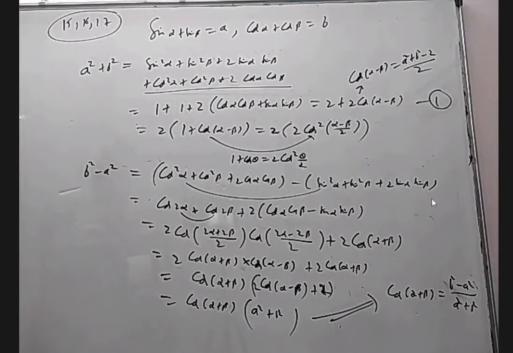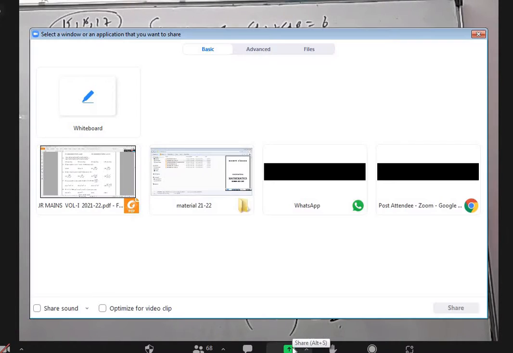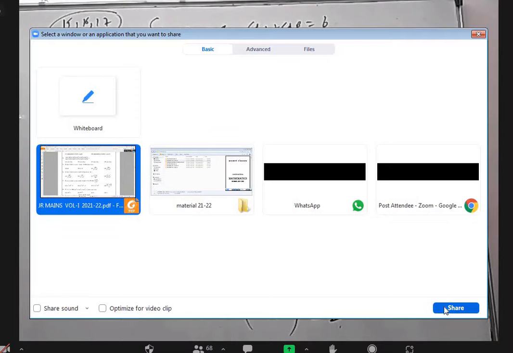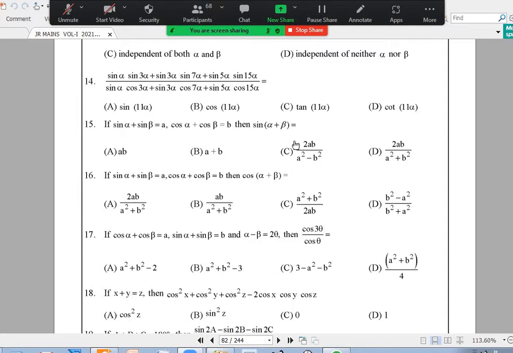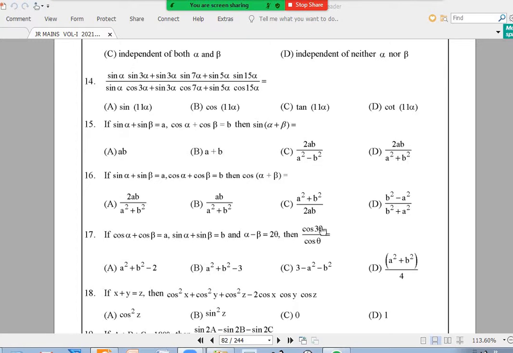Sir, now we can write sine alpha plus beta as root over 1 minus cos square alpha plus beta. Yeah, yeah. But plus or minus will come. In 15, if we are able to do 16, cos alpha plus beta, we may be able to do 17 because we'll come there and we'll discuss that.